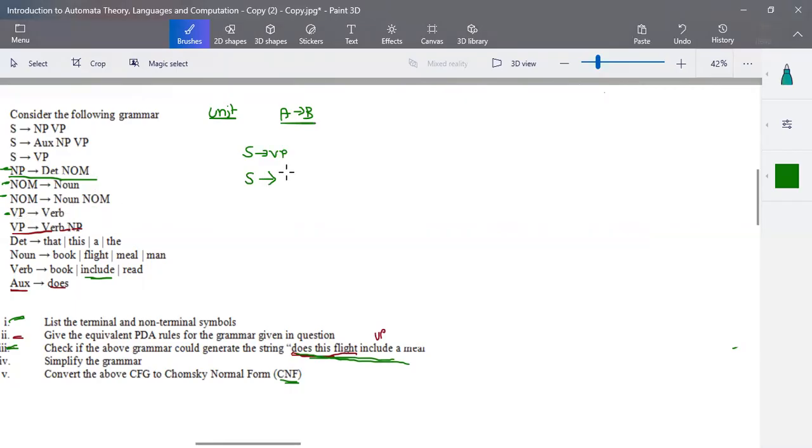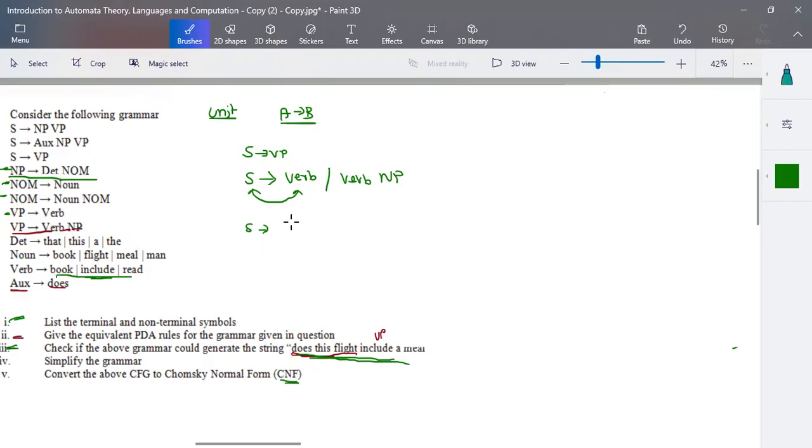So VP implies verb, or VP implies verb NP. See, for VP, you have two possible productions. And again, you have the same scenario. S tends to verb. This is also a case where a variable tends to a variable. So instead of verb, you just substitute the elements of verb.